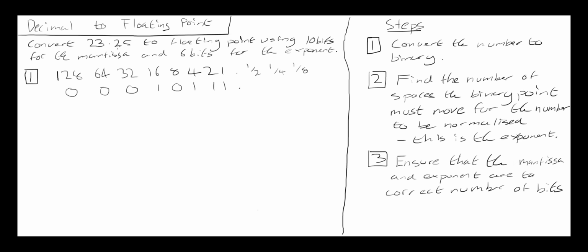And I've got to be careful here because I've got a fractional part, and that's 0.25, so I'm going to say no halves, 1/4, and no eighths, like that. And that's my number in fixed point binary.